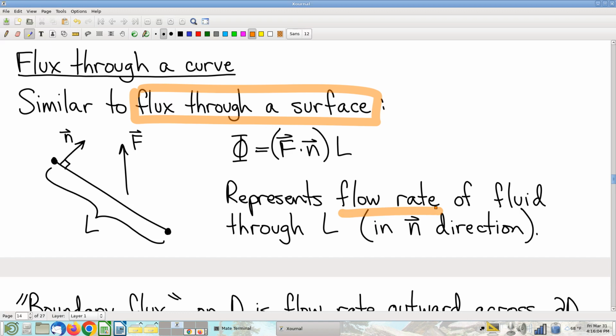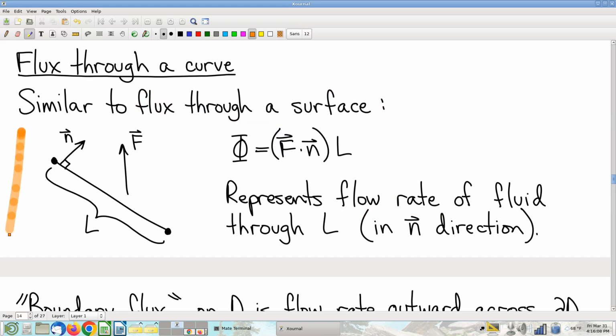Well, here I'm going to argue that a morally equivalent situation is if I'm in 2 dimensions and keeping track of how much fluid is flowing through a line segment instead of a little flat piece of surface. So this is just kind of the 2-dimensional version of the idea we talked about in Chapter 3 of flux.